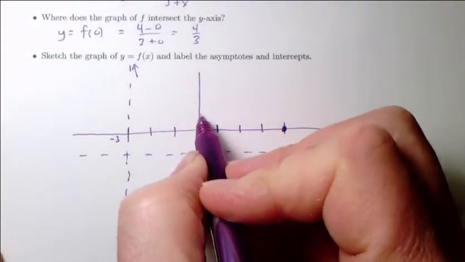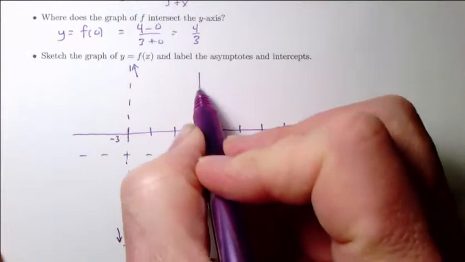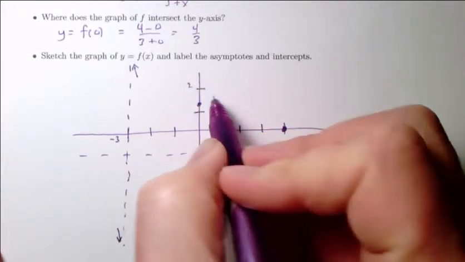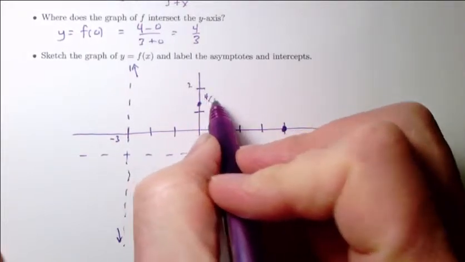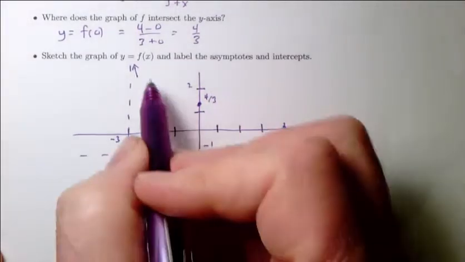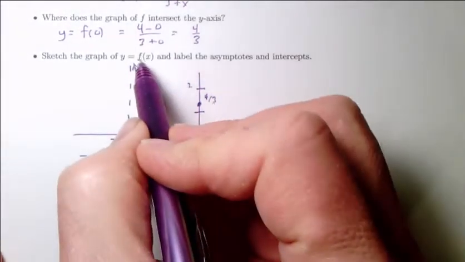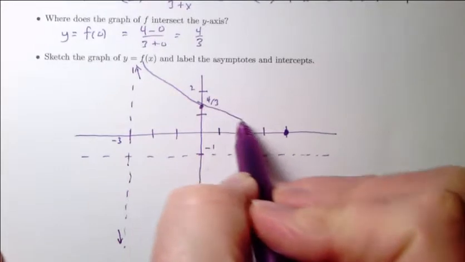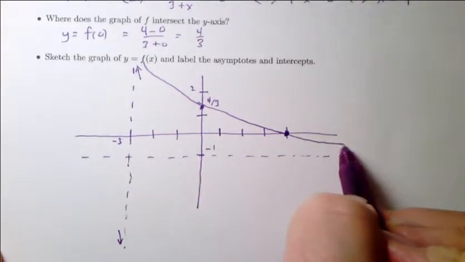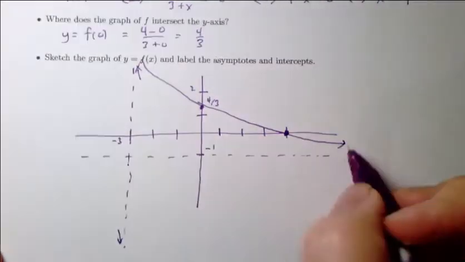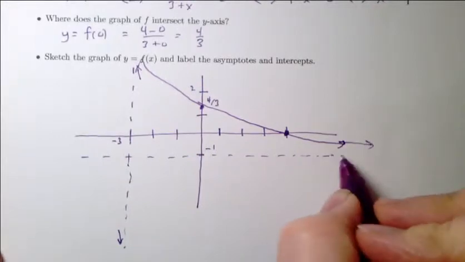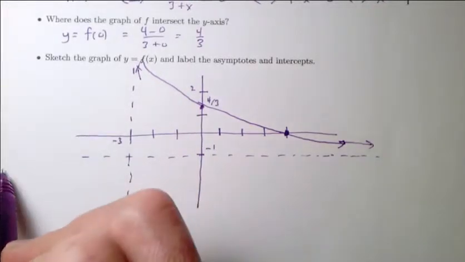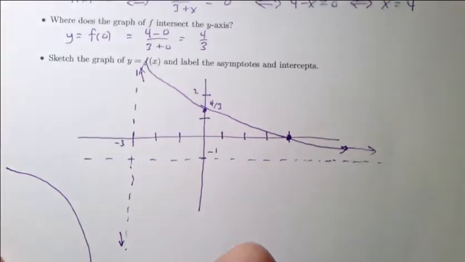We cross the y-axis at 4/3. So perhaps the graph looks something like this. As x tends to infinity, we're going to approach minus 1, and it's going to look somewhat similar down here.